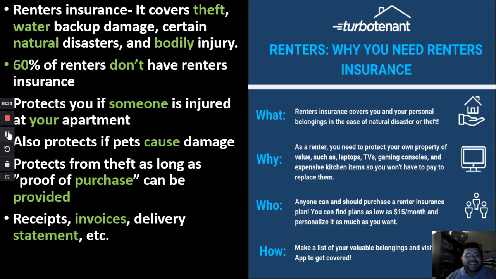Also for pets, especially large animals, even small animals, when they're bored, they tend to dig. Well, in an apartment they can't dig, so they might tear up the carpet, might tear up the walls. This would help pay for that damage. Okay, and when it comes to theft, everything I researched basically says as long as you have proof of purchase, then you're covered. Meaning you have to prove that you bought it.